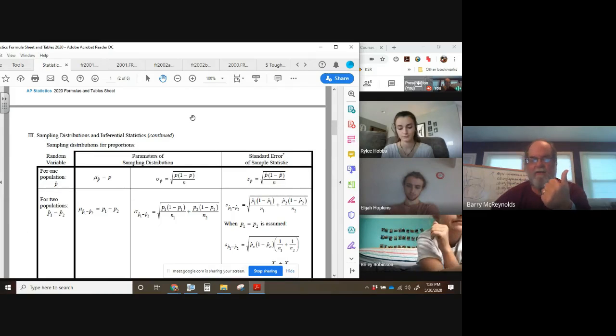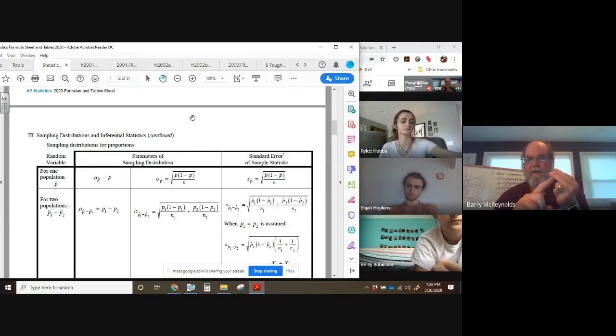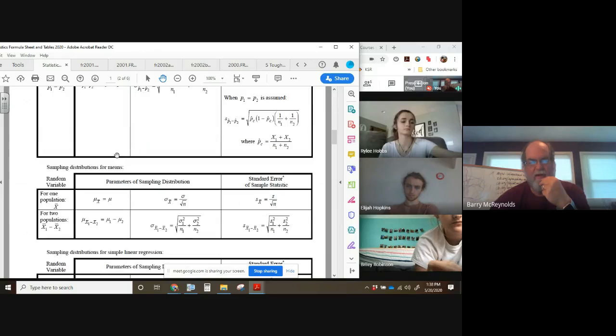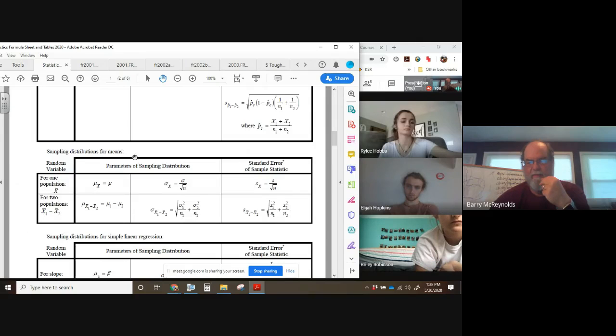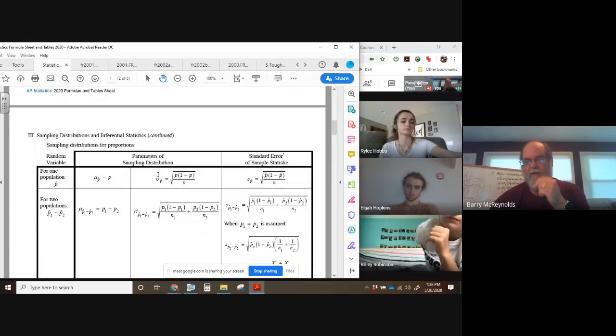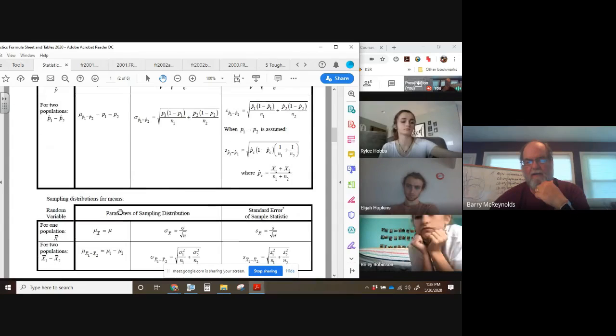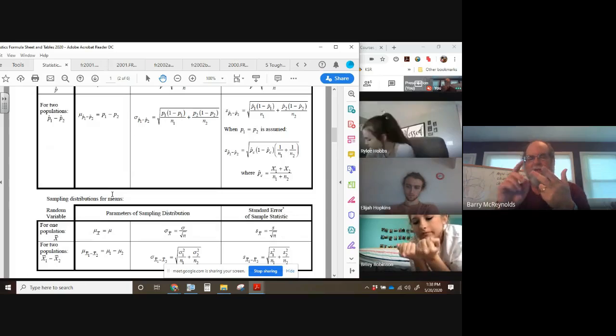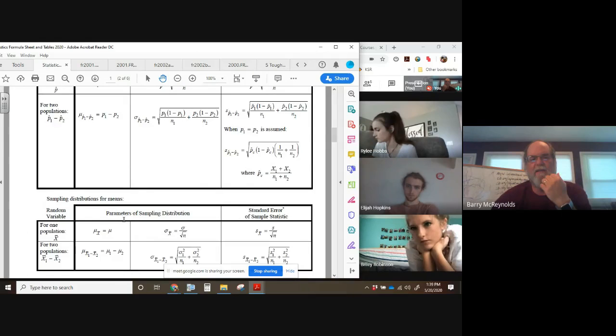The criteria are this: random sample, normal approximation, and 10% condition. Those three criteria are the same for a sampling distribution of proportions or a sampling distribution for means. How you determine them is different between proportions and means in terms of the second one, that you can use the normal approximation. Okay, so just be clear on that.